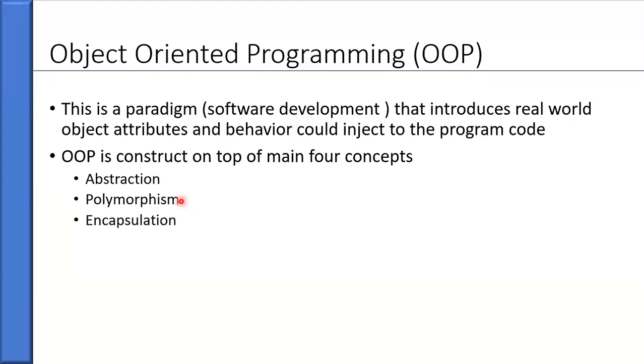I'll come back again to the rice example. The same rice concept we can define by two things. First one is red rice, the second one is white rice. The same concept of rice is defined into two things. I hope it's clear now. Polymorphism is defining that kind of situation.